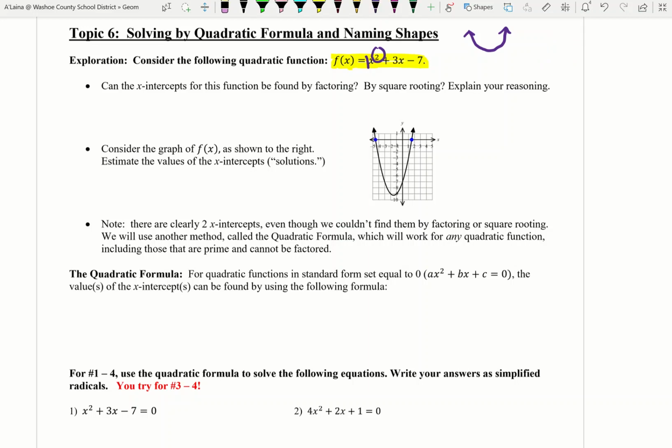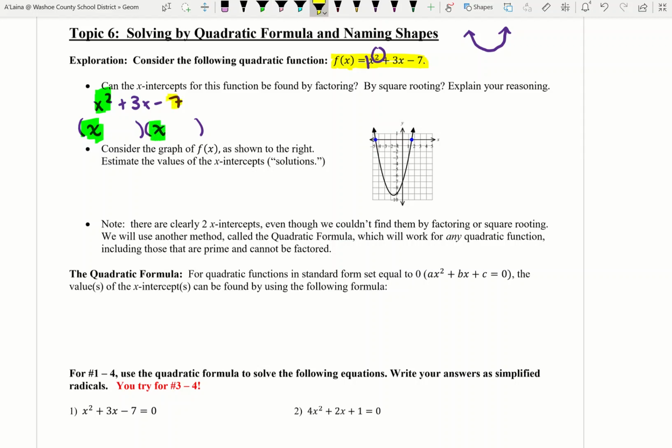So the question for this was, can the x-intercepts for this function be found by factoring? Well, let's just try it. If I'm looking at x squared plus 3x minus 7, I'm going to try to factor this. I'm going to take the x squared term and split it up into factors of x and x. I'm also going to consider the factors of that last term, 7.